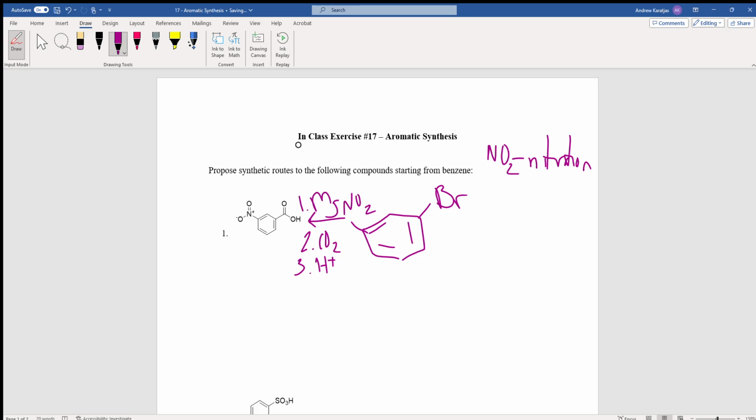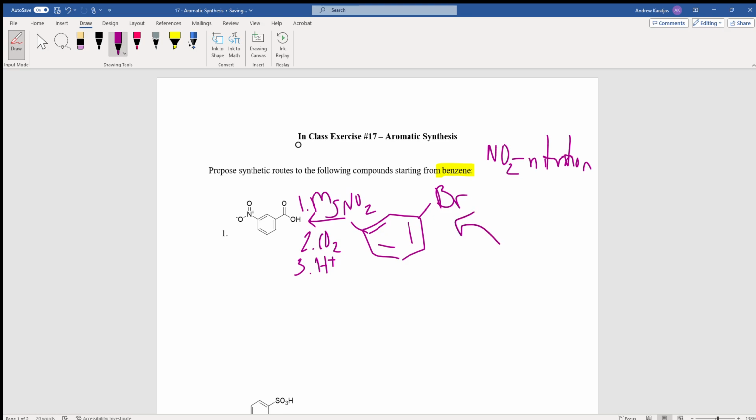We then need to put each of these groups on, because just note that all of these synthesis questions were starting from benzene. Now, the bromine itself, while it's a deactivating group, is an ortho-para deactivator. And the two groups that we have arranged here are arranged meta. But the nitro group is a meta director.